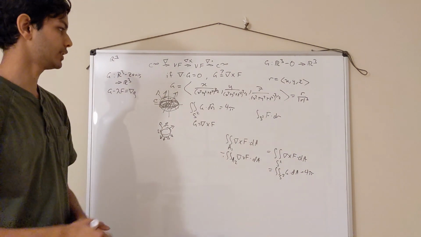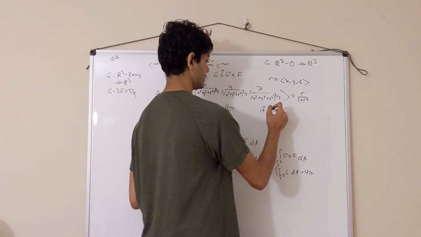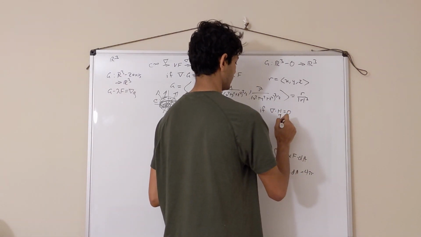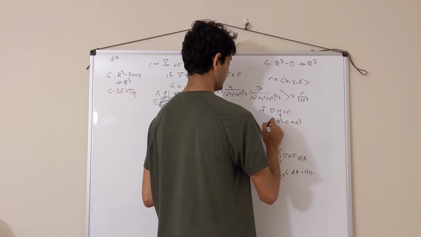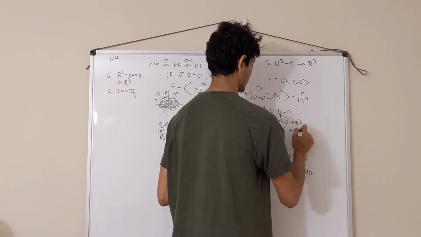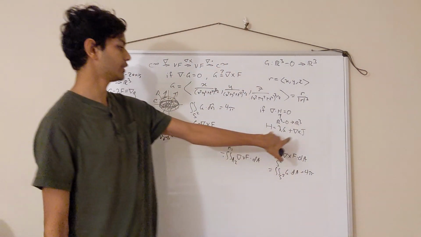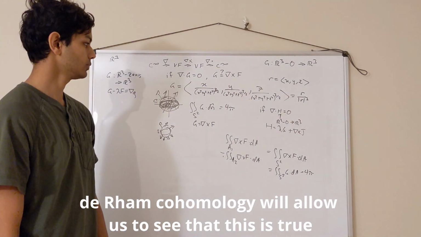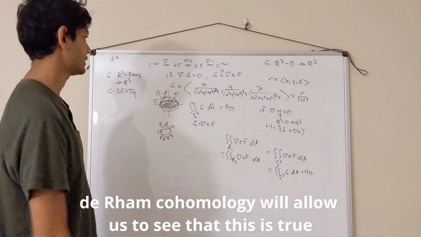So it's not completely clear that if the divergence of H is equal to 0, and H is defined on R3 minus 0 to R3, is it true that H is equal to some lambda times G plus the curl of some other vector field j. It turns out that that's true, but since we don't have a method of computing the inverse curl directly, we can't quite see that immediately.